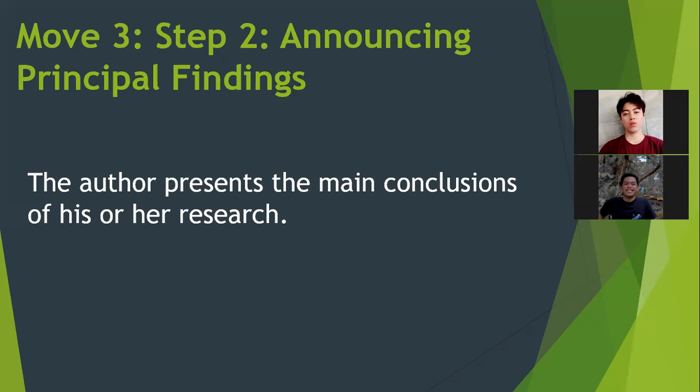What will be the results of the study? How can people benefit from your study? What's the significance, or how can your study help the existing problem that you provided in your move 2, establishing the gap or establishing the niche?